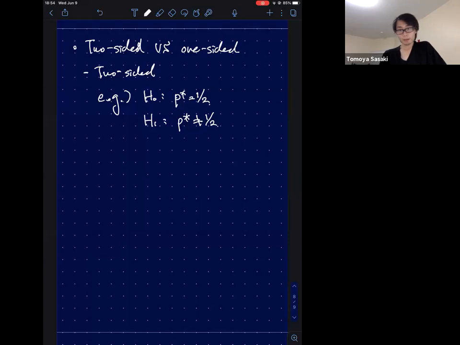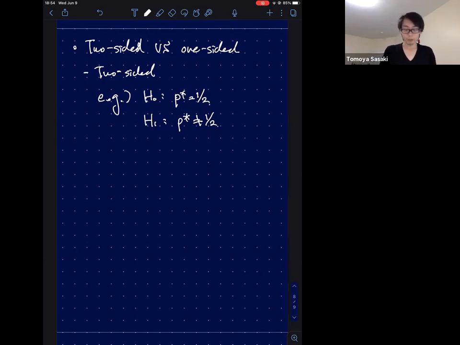The reason why we call this two-sided is partly because we're trying to reject the possibility that P star is far enough above 1/2, and that P star is far enough below 1/2.